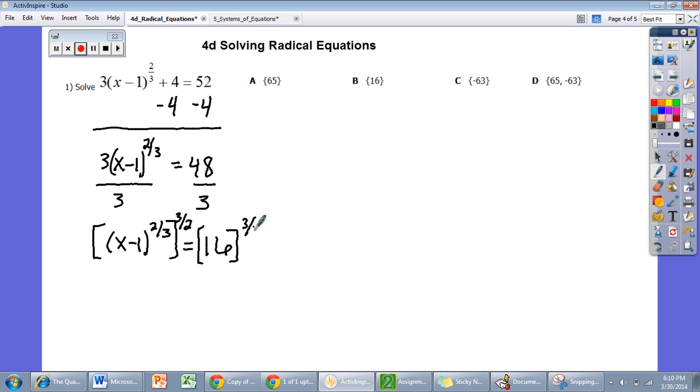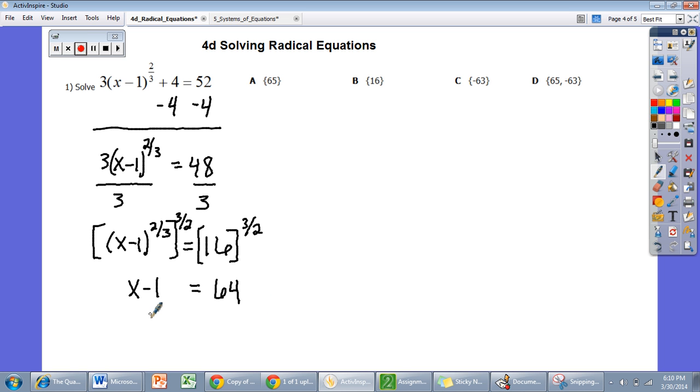So if I do that to one side, I have to do it to the other. So again, these are inverse operations. They cancel each other out. We're left on this side with just the x minus 1. 16 to the 3/2 power is 64. Now what's really important here is that you're taking 16 to the 3/2 power and not multiplying by 3/2.